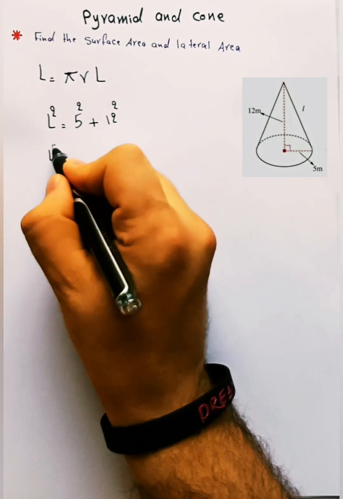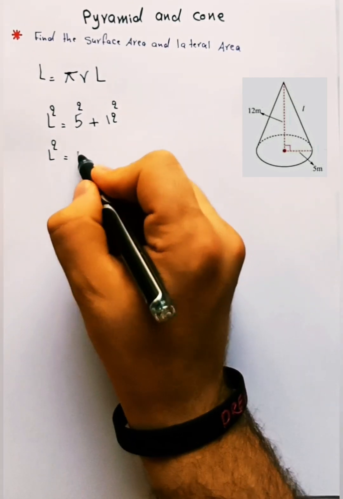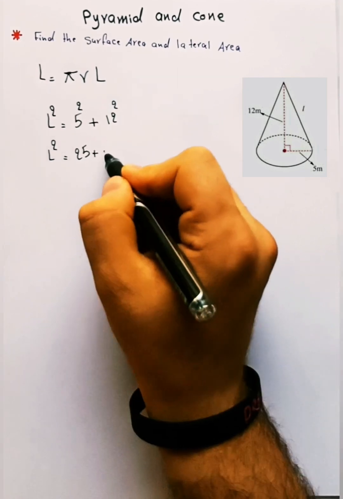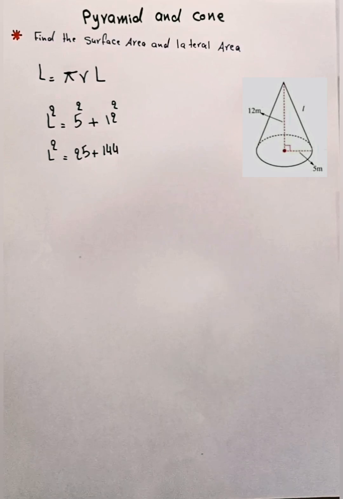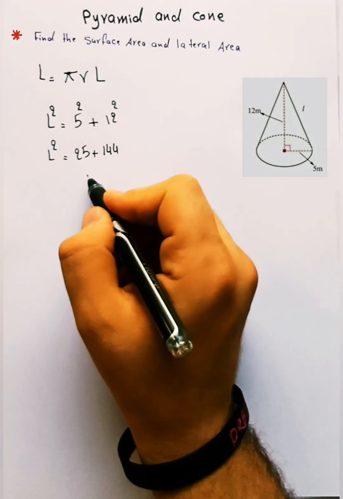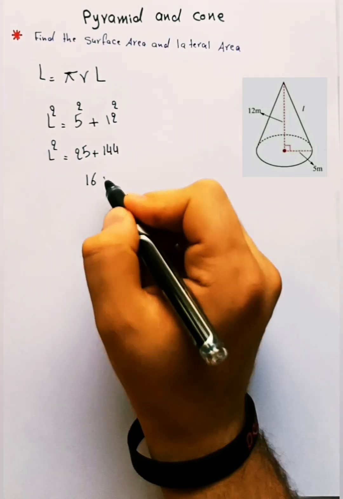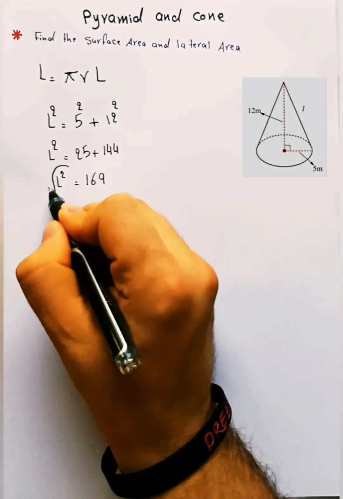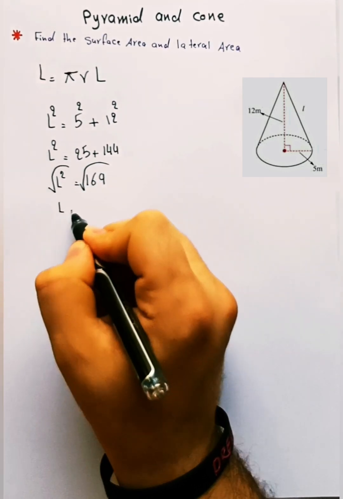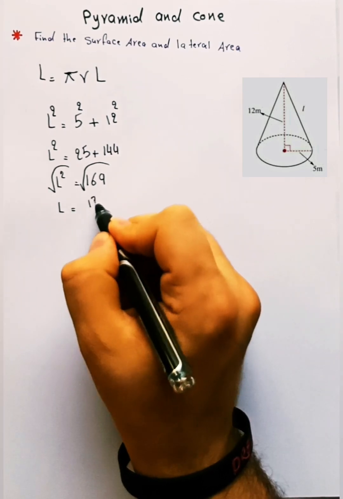So L square equal to 25 plus 144. So the slant height square is 169. We have to take the square root of both sides, so the slant height equal to 13.